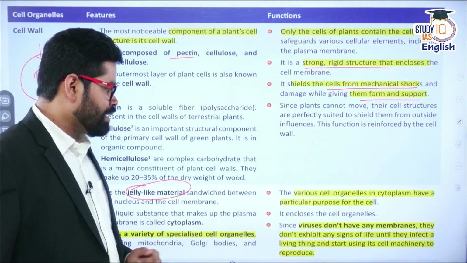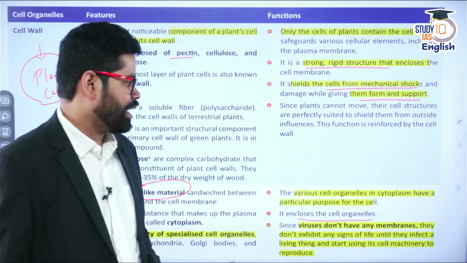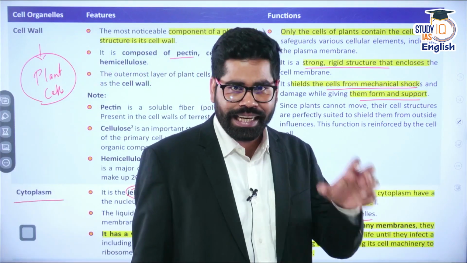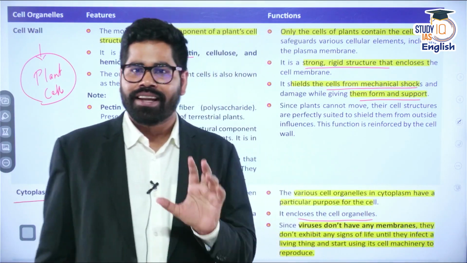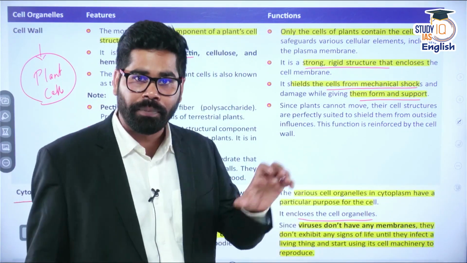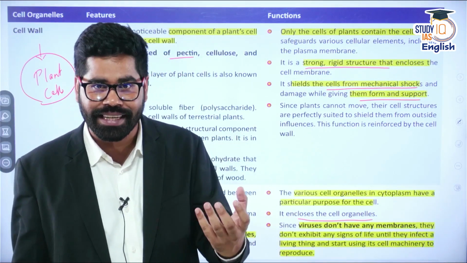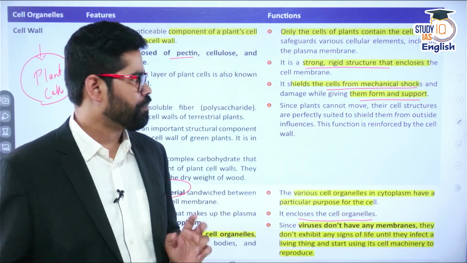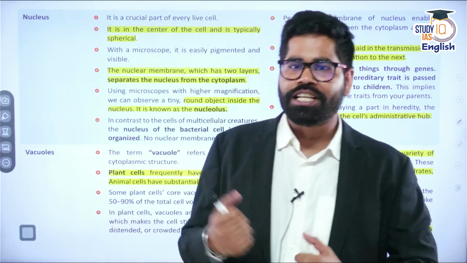It is enclosing the cell organelles, and the different organelles present inside the cytoplasm each have a particular function. Those cell organelles have a particular purpose inside the cell. So now, let us see about these organelles.